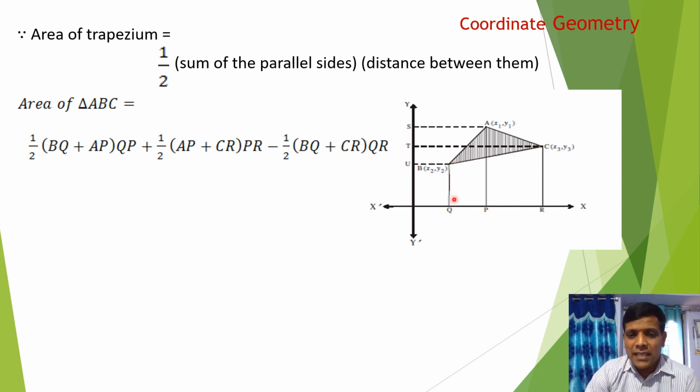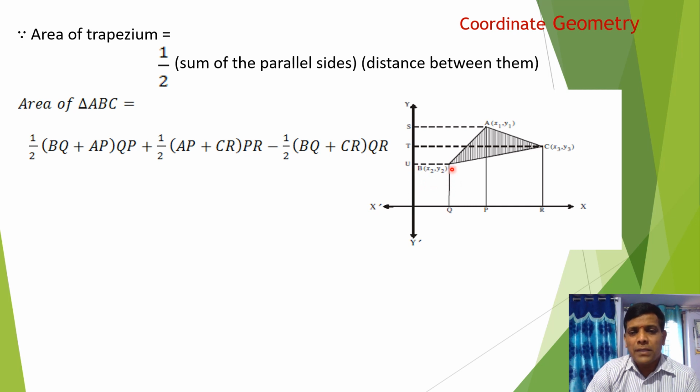What are the parallel sides? Here BQ and CR are parallel sides, and the distance is QR. So the area is half into parallel sides BQ plus CR into height QR.